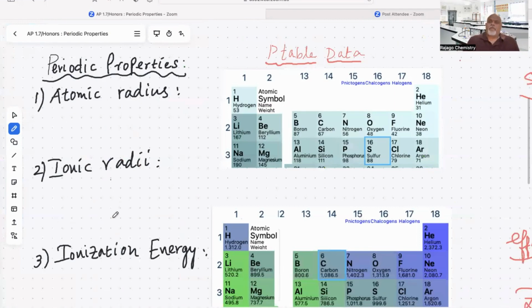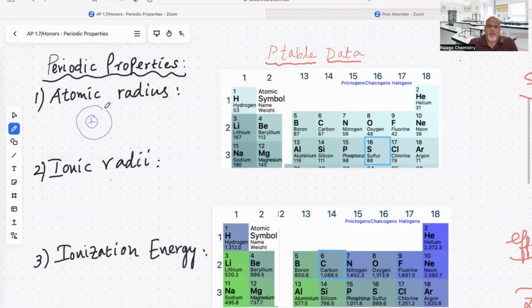When we go into periodic properties, I have taken all the data from ptable.com, because you have to understand the data. Only when you compare the data will you understand the concept very well. So if you look at the atomic radius, we know it is nothing but an atom's radius.